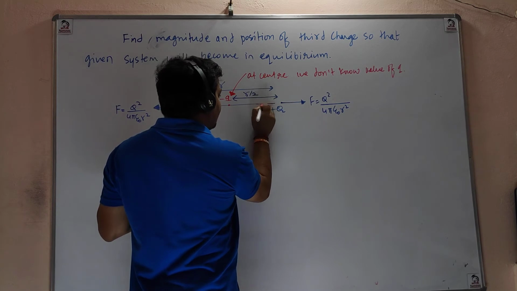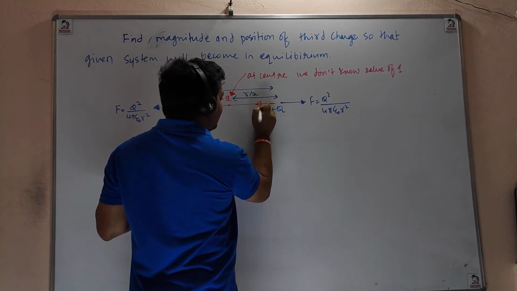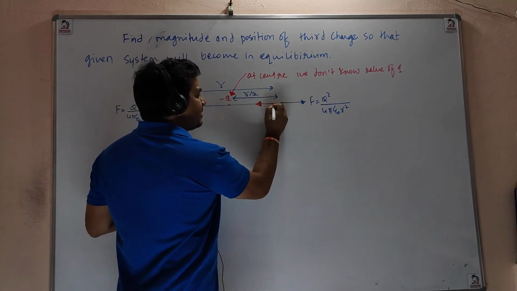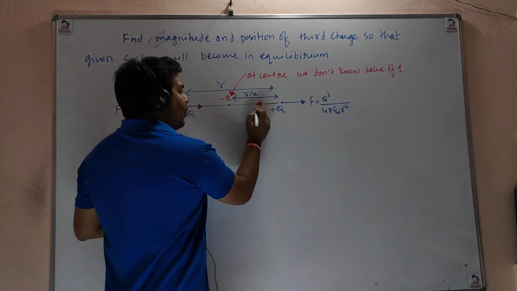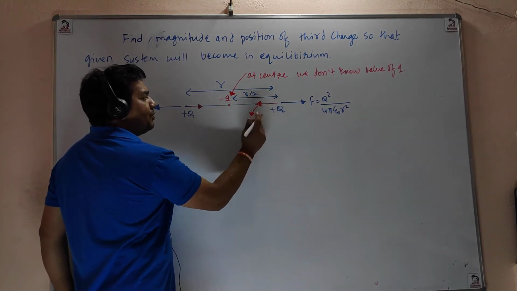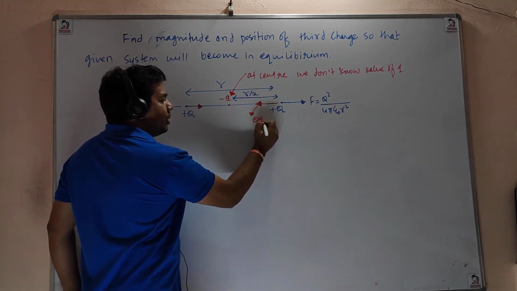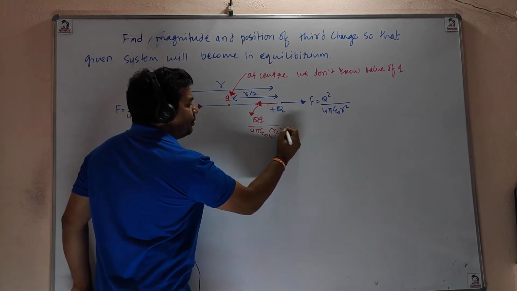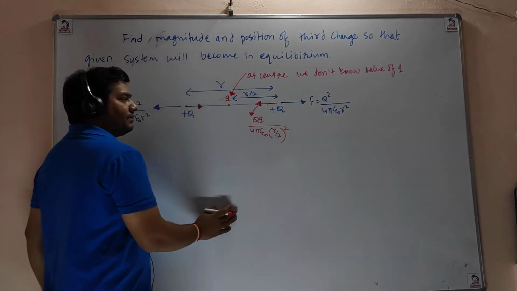If these two forces become equal, see, I made equal sizes of arrow. See this, equal size. So what is the value of this red force? Force between these two: capital Q, small q, over 4 pi epsilon naught, r by 2 whole square, right?